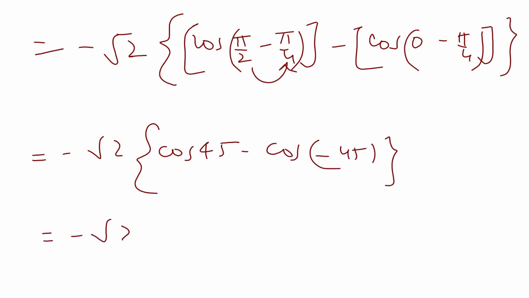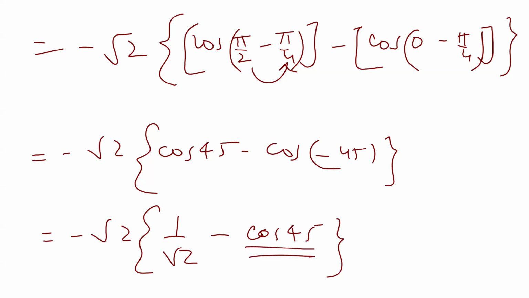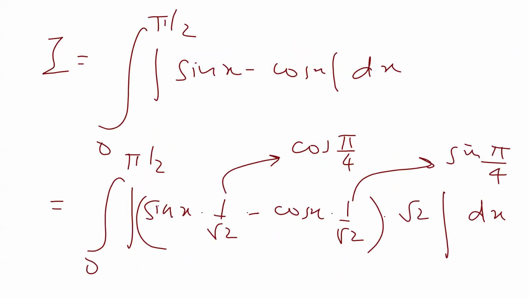Now we all know cos of minus x is equal to cos x. So this is also going to be cos 45, and this is also 1 by root 2. So the answer will be 0. Just a second, let me check whether I have copied something wrong.